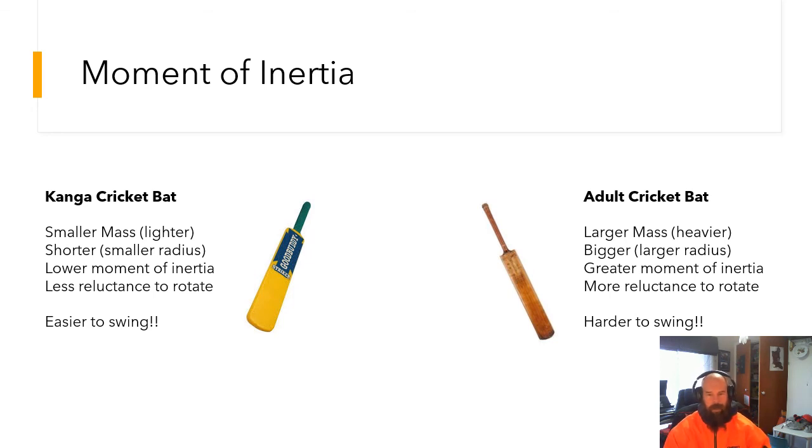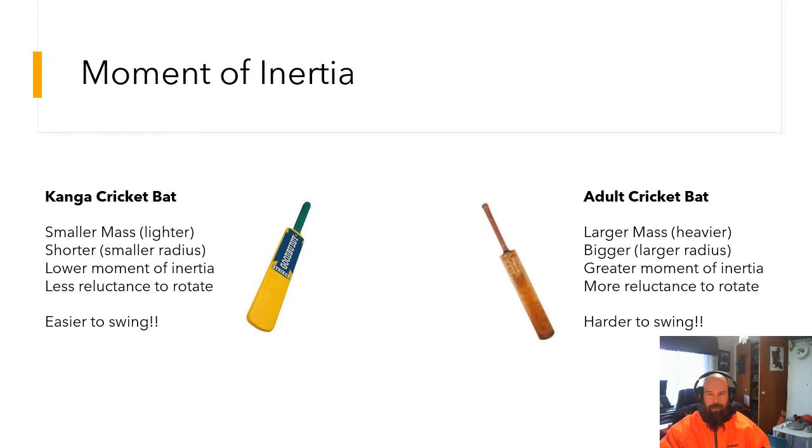Whereas the adult cricket bat has a larger mass, which means it's heavier, it's bigger, longer, so it has a larger radius, it has a greater moment of inertia, and it has more reluctance to rotate, which means it's harder to swing for young children and also for some adults.